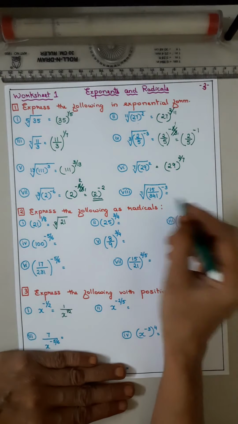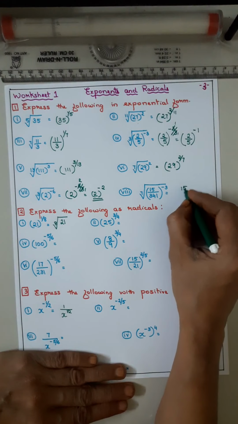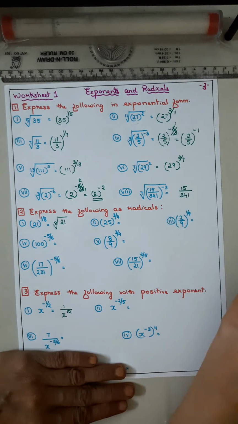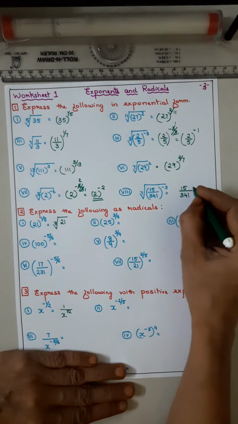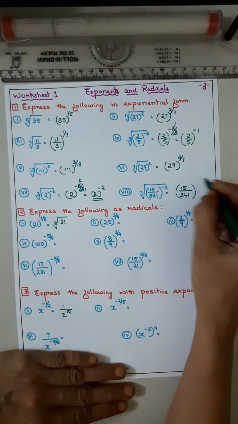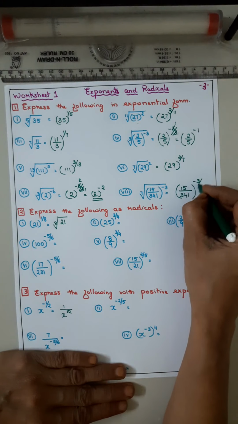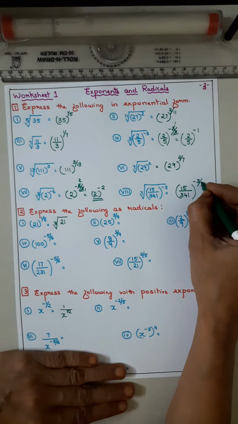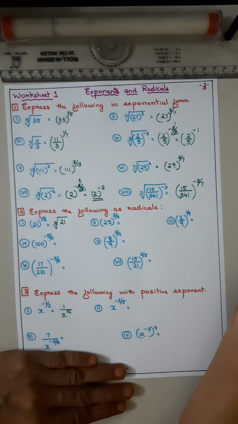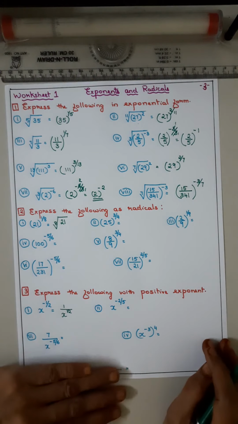Okay. Now here the base is 15/341. 341 the whole power is -3 and index is 7. Clear? So we have completed the exponential form.